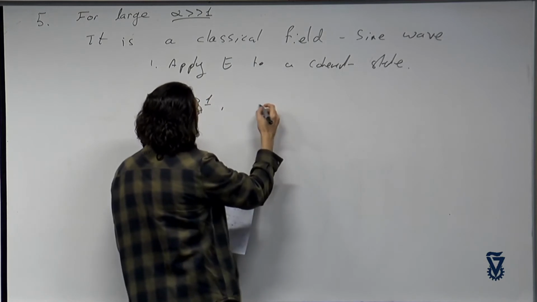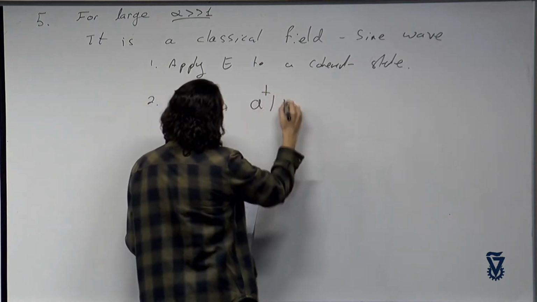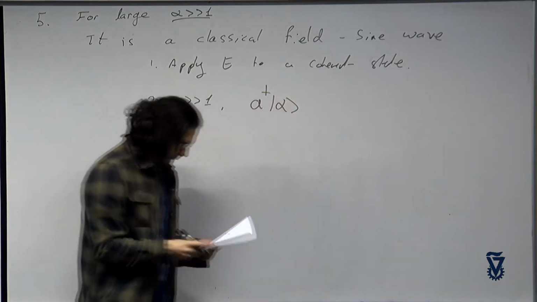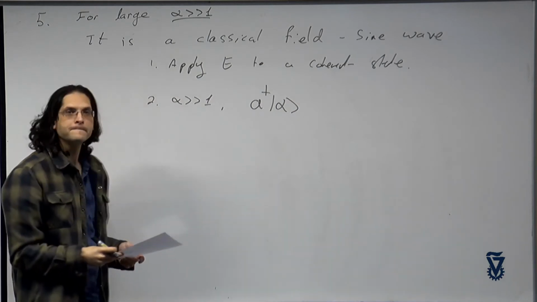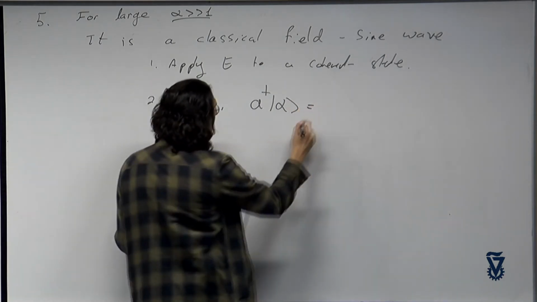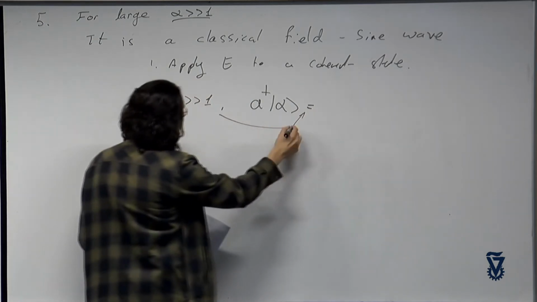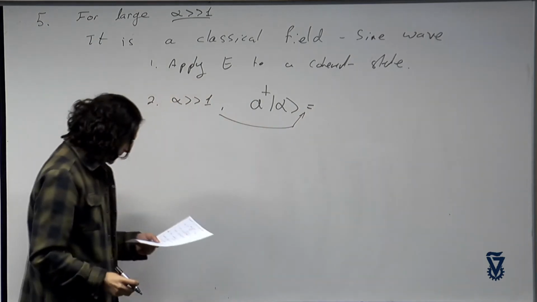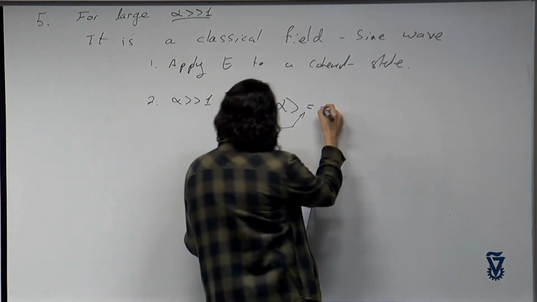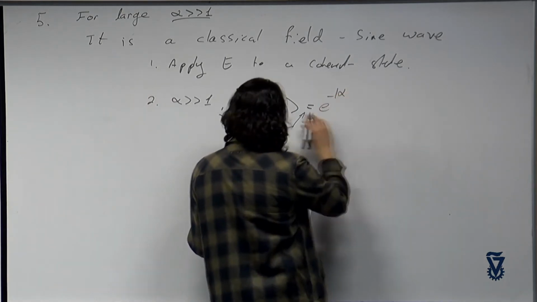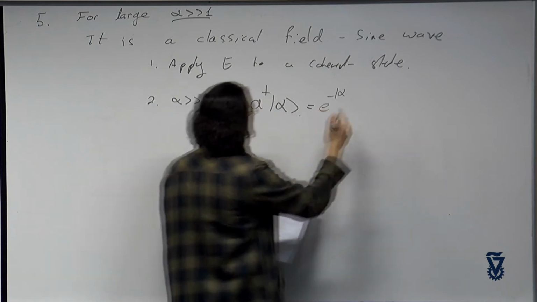And let's see what happens when we apply a dagger onto alpha, again in this limit. Oh wait, we're not applying the limit yet.